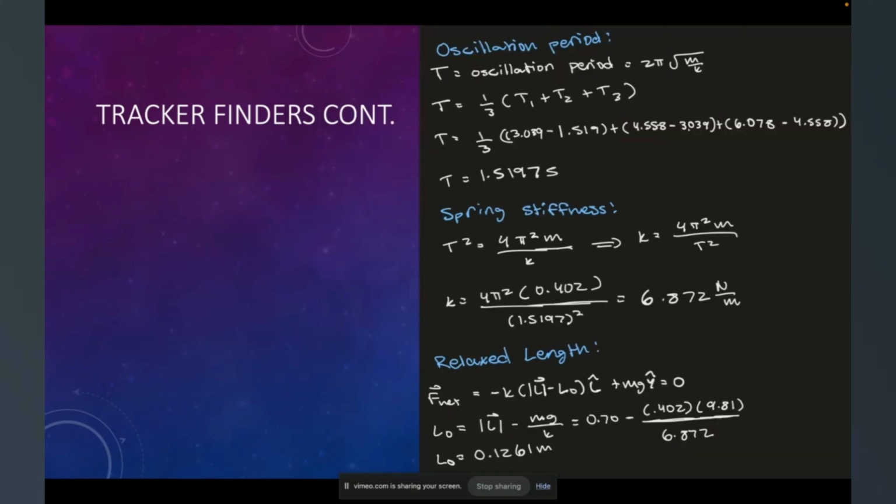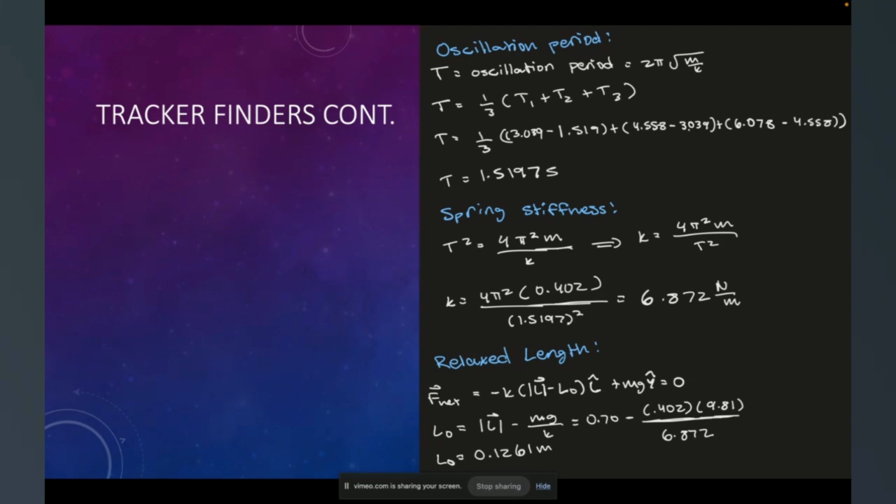All these findings were necessary for our model, and there's a little bit more Tracker findings, as we used our intervals through the time in order to find our oscillation period. With the oscillation period, we can plug it into the oscillation period formula to find our k, which is our spring stiffness, and then we use that spring stiffness to find our relaxed length using our F net formula.